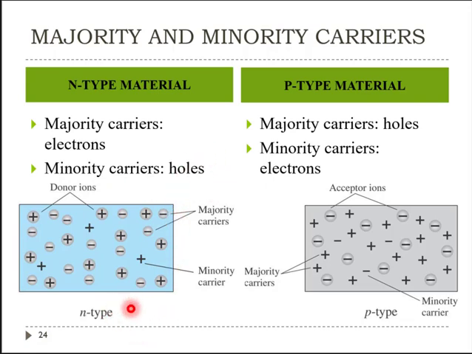So holes here mean the positive carrier. And for the P-type material, we can see that the majority carrier is the holes, which have a positive charge, and the minority carrier is the electron, which has a negative charge.